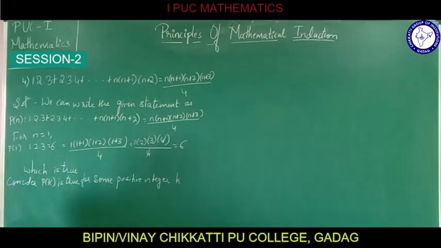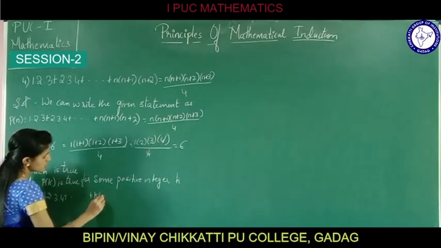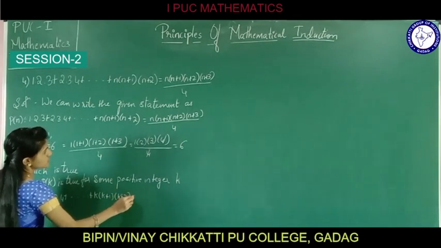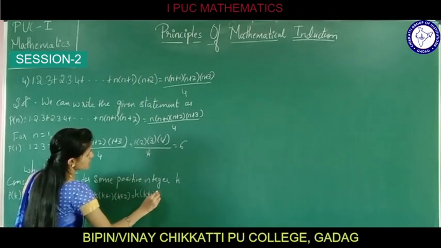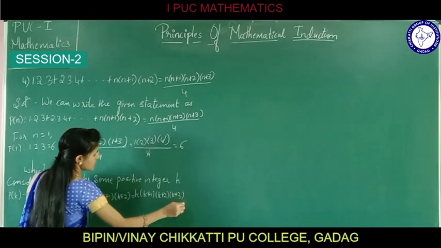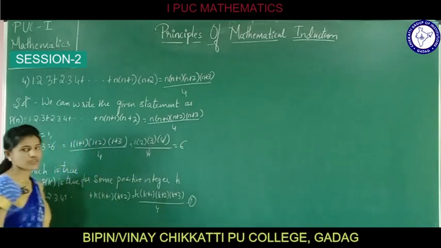So we write P of k as 1 into 2 into 3 plus 2 into 3 into 4 plus so on up to k into k plus 1 into k plus 2, is equal to k into k plus 1, k plus 2, k plus 3 divided by 4. Let us consider this as equation 1.